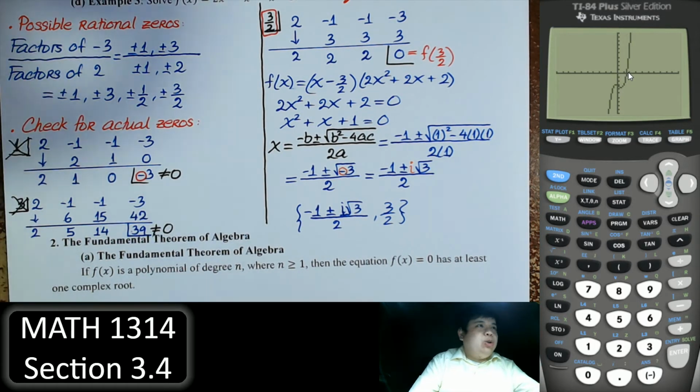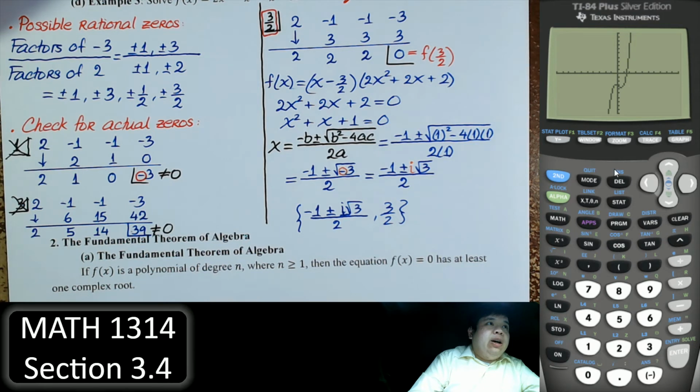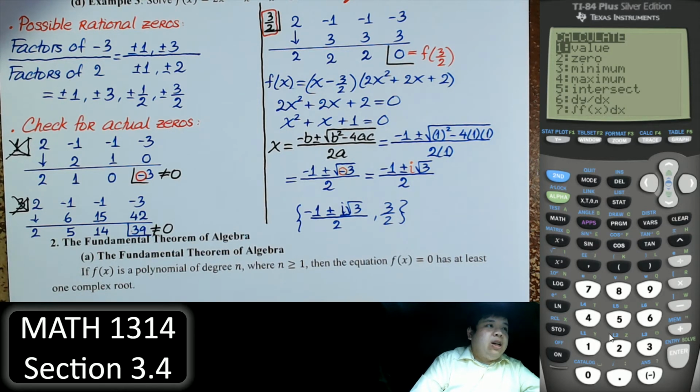There's another way to do this too. We will find the intersection of the x-axis and the graph itself. So go back to y1 equal to the function and y2 equal to 0. Now all we need to do is find the intersection. So second, calculate, intersect.